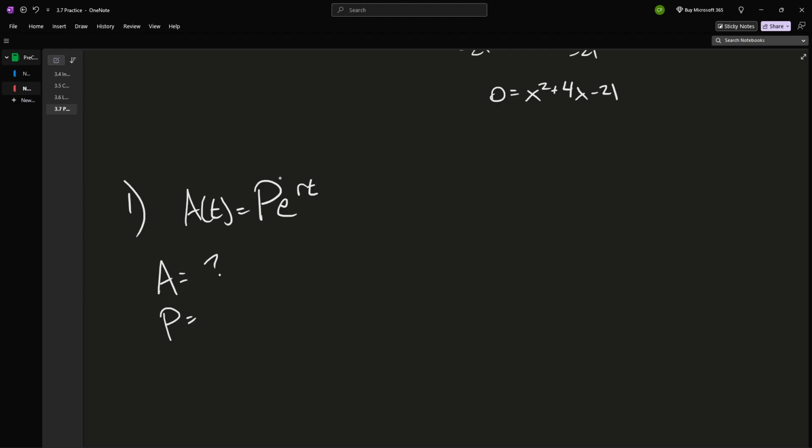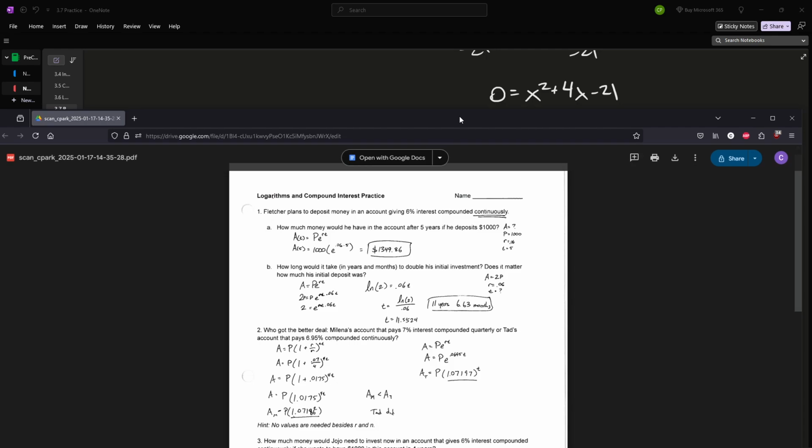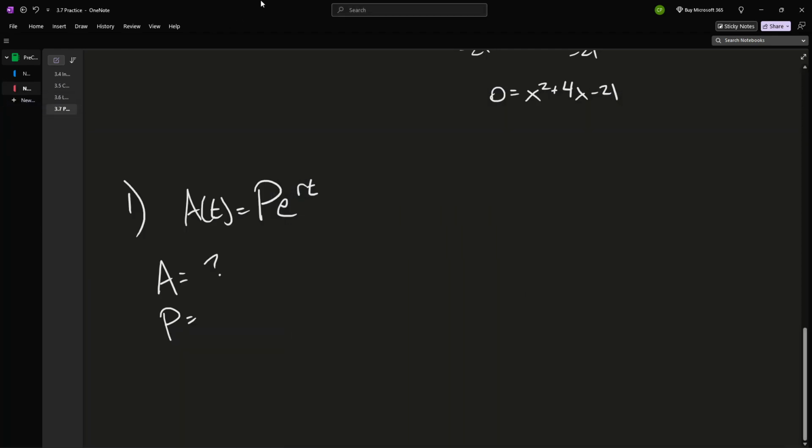P, I see, we want to see how much he has in the account after he deposits $1,000. So he's depositing 1,000. That's my principal value, 1,000. E is this E. Even though it's a letter, it's not a variable. R, my rate, is 6% interest. So I have 6% or 0.06. And T is 5 years.